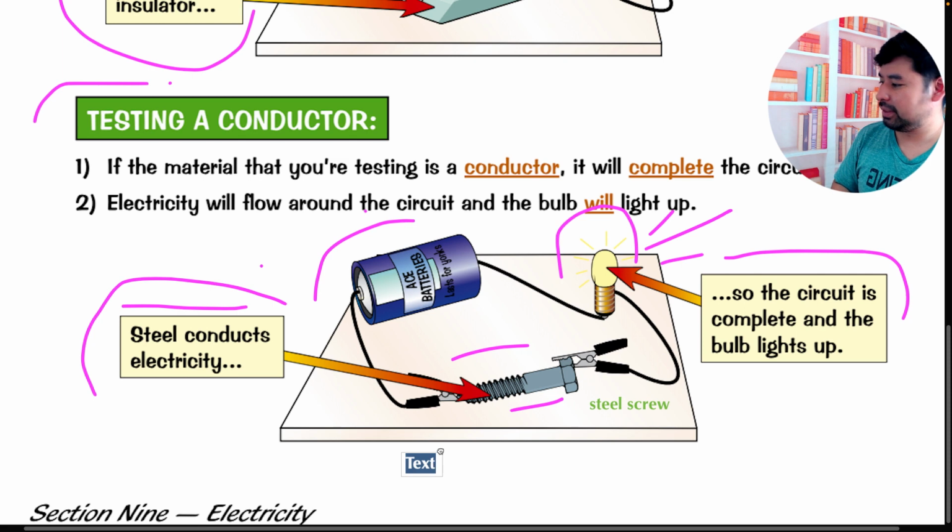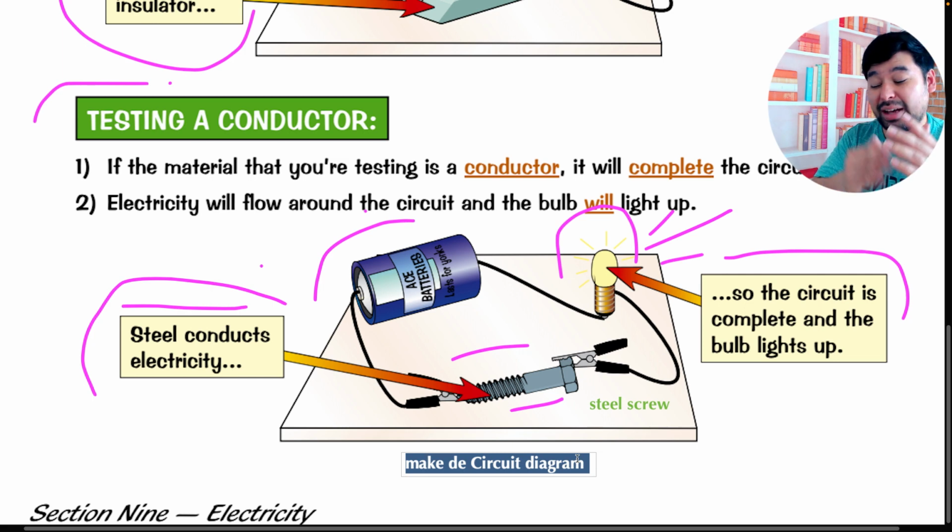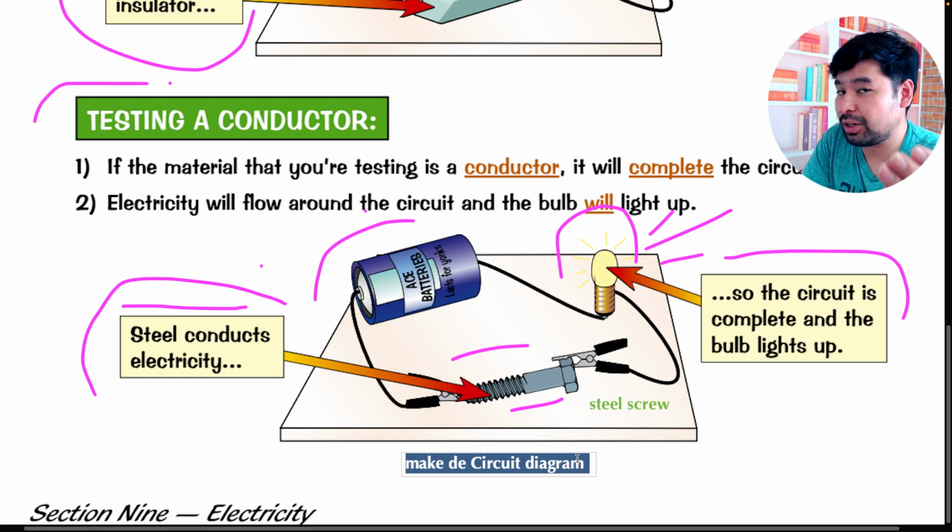Please make the circuit diagram. Okay, this is a homework for you guys. Again, we don't have the symbol for steel screw and we don't have the symbol for rubber, so you create it. Feel free to create that. And of course I'm gonna be very curious to see that.